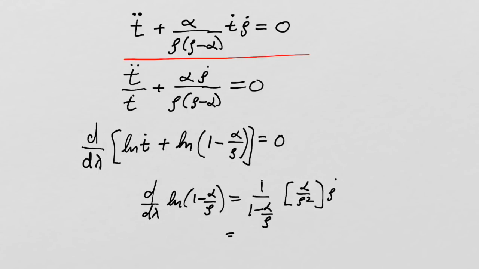Which is going to equal alpha rho dot in the numerator, and then rho squared minus alpha rho in the denominator, which is alpha rho dot over rho times rho minus alpha, which is a match, right?